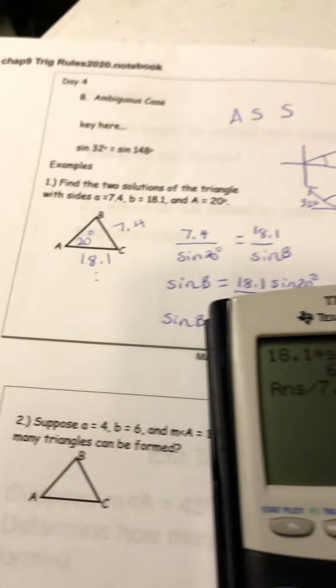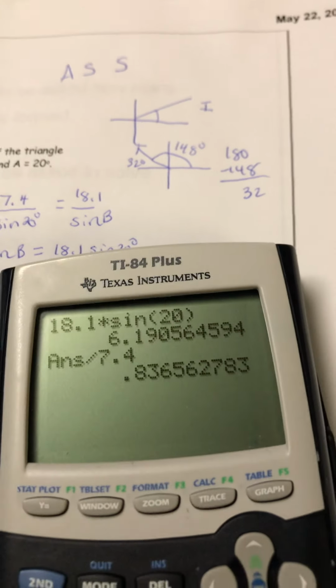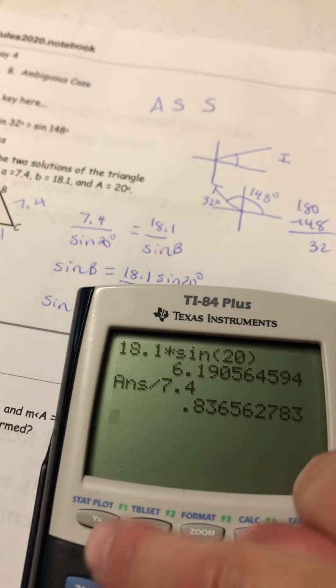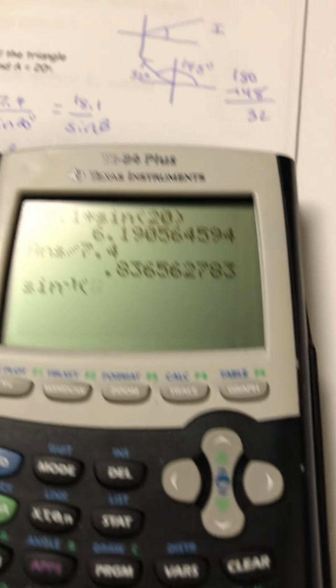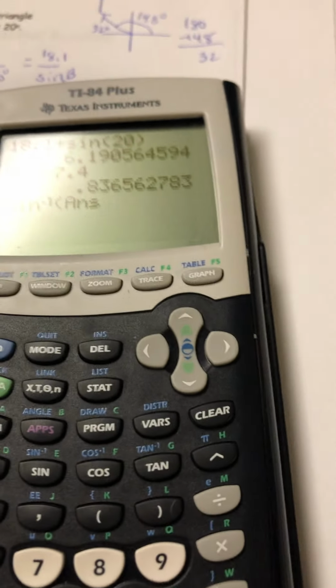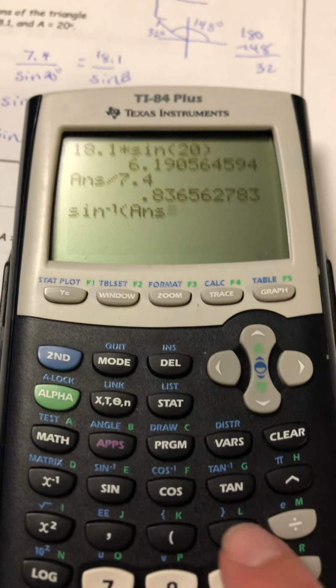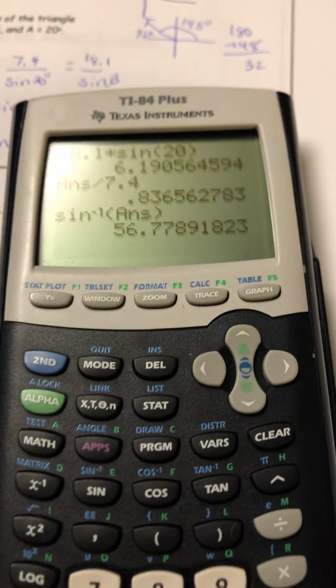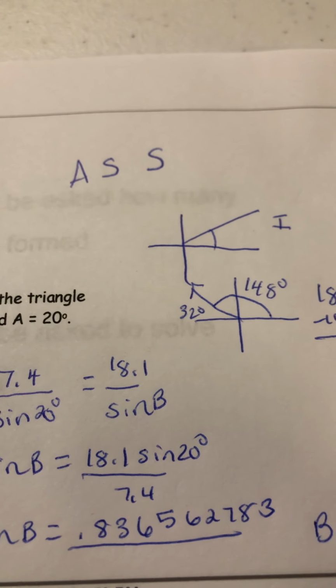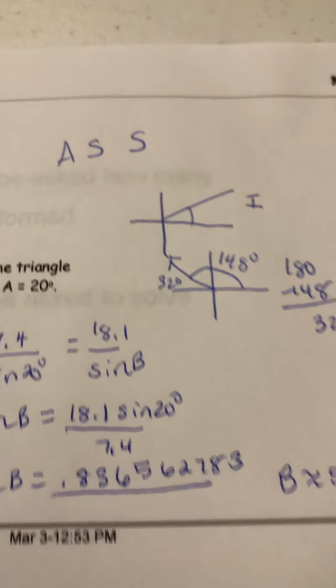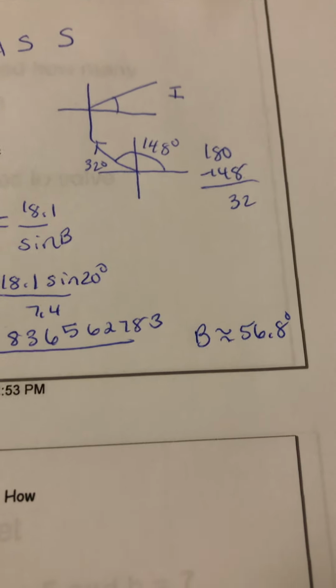Now we want to find the measurement of that angle B. So we hit second sine, second the negative sign. Don't risk making a typographical error. Just use the ANS feature and voila, we get 56.8 degrees. So angle B is about 56.8 degrees, we think, right?